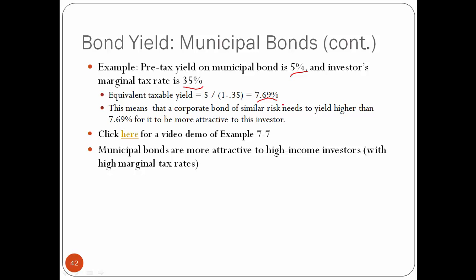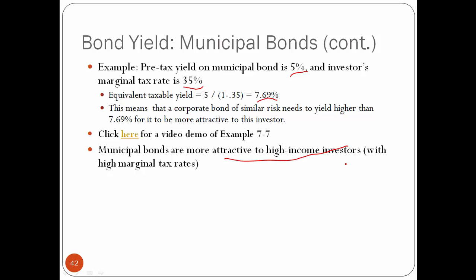Now, what does this number mean? That means a corporate bond has to offer at least 7.69% for this investor. Otherwise, after tax, the corporate bond will not be as attractive as a 5% return from the muni bond. So we say municipal bonds actually are very attractive to high-income investors. Why?